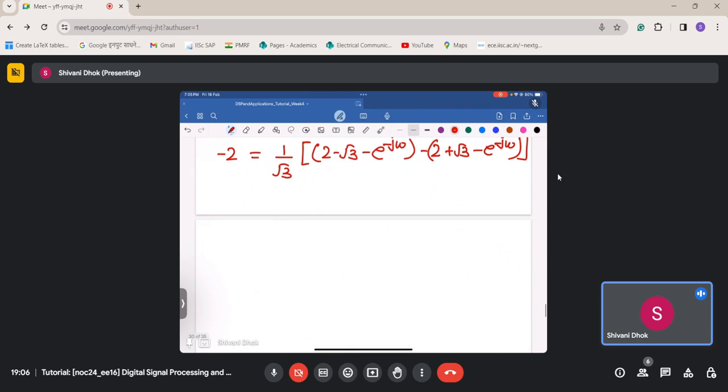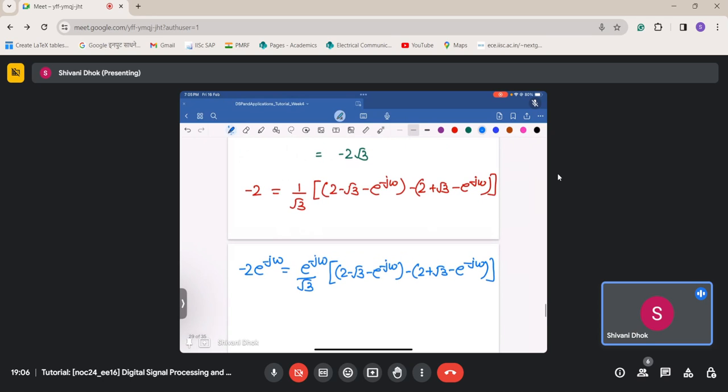So minus 2 into e power minus j omega is equal to e power minus j omega upon root 3 multiplied by (2 minus root 3 minus e power minus j omega minus 2 plus root 3 minus e power minus j omega).